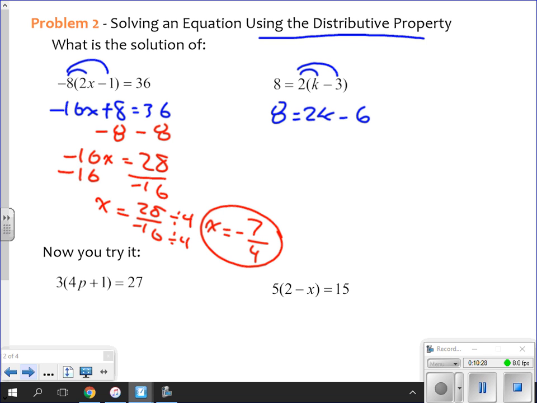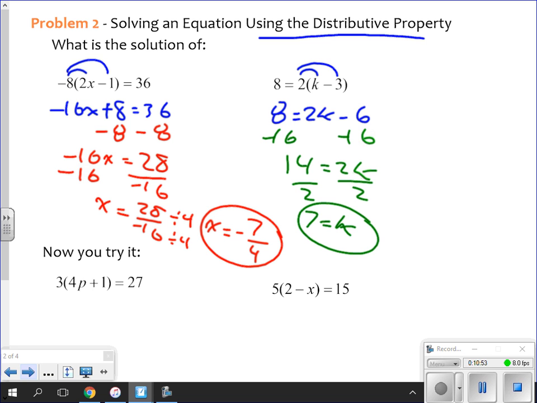First step, get rid of the subtraction, get rid of the minus 6. So I add 6 to both sides. And I get 14 equals 2k. And then divide both sides by 2. 7 equals k.